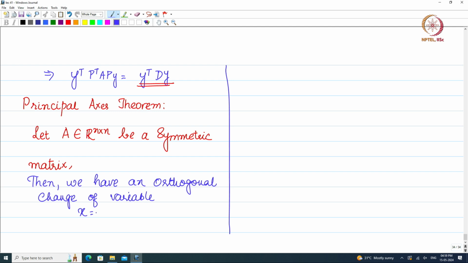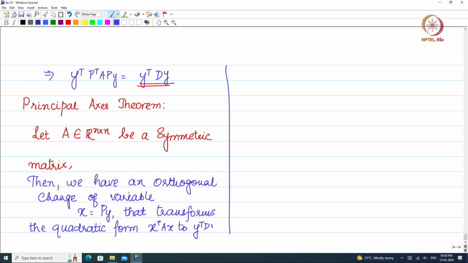Let us say x is equal to P y, that transforms the quadratic form x transpose A x to y transpose D y. Now, what is so special about y transpose D y?